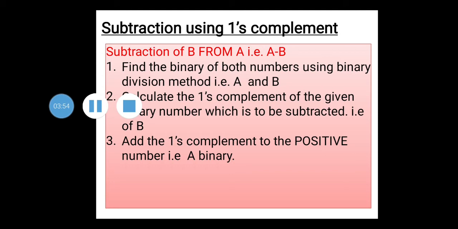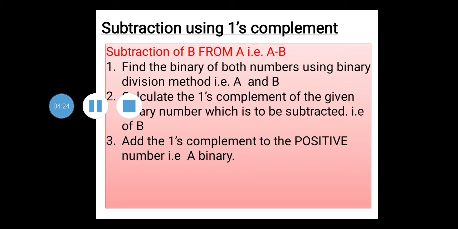If they are the same, then the second thing you are going to do is find the ones complement of the binary number b. Here the negative number is b because it is connected with minus b. So always find the ones complement of the binary of b.